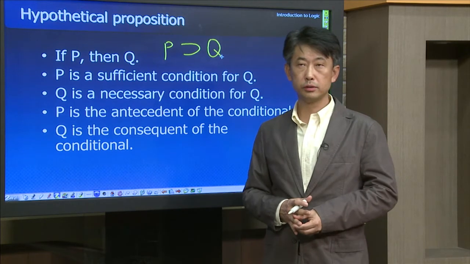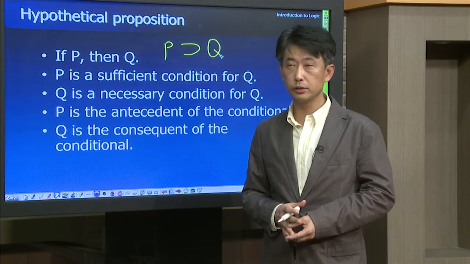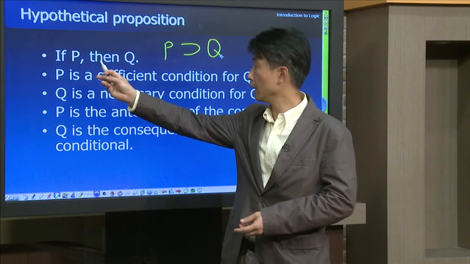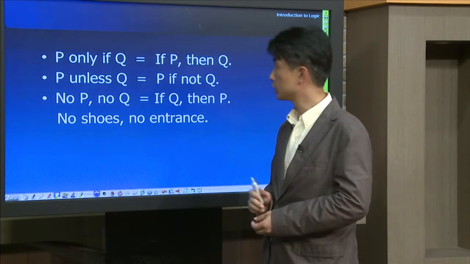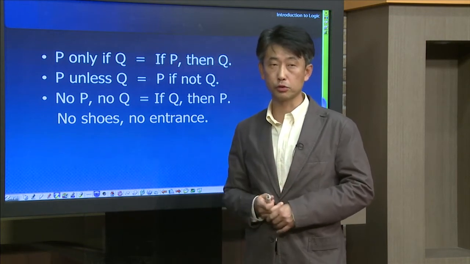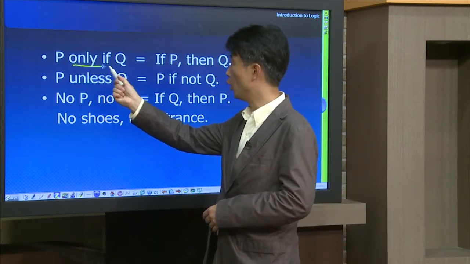Hypothetical propositions are also expressed in ordinary English in many different ways. Other than the if-then statement, we also have other expressions that express a hypothetical proposition. For example, in English, we use only if.